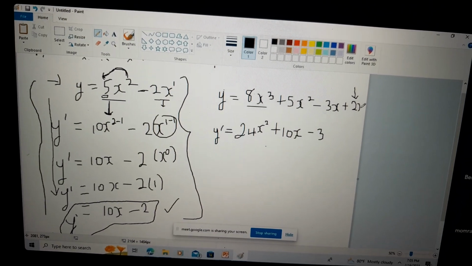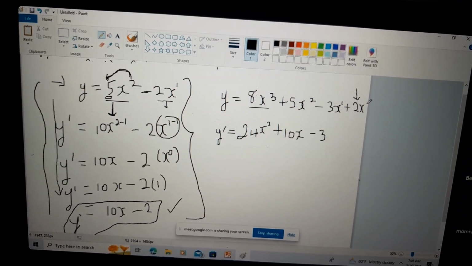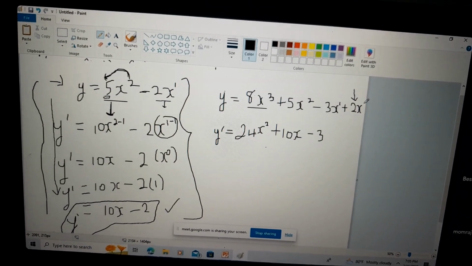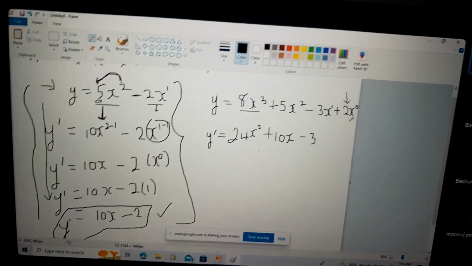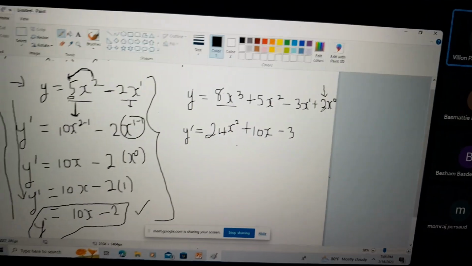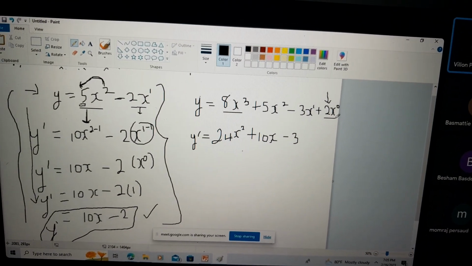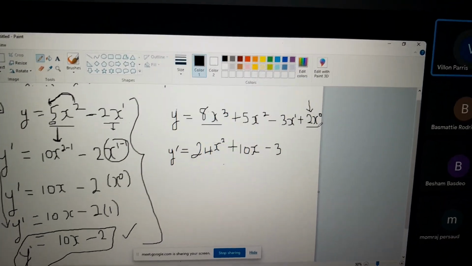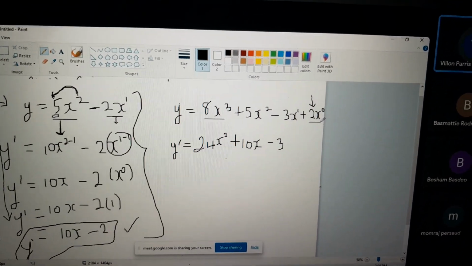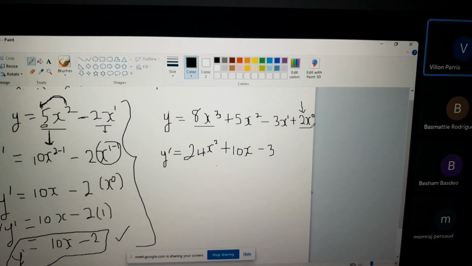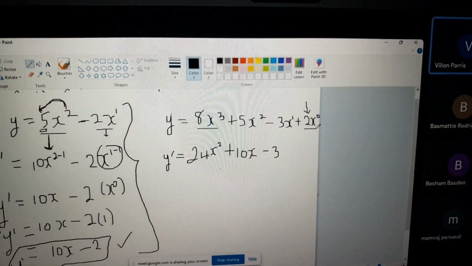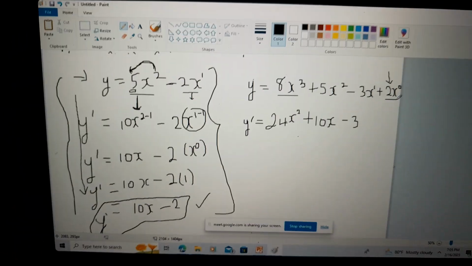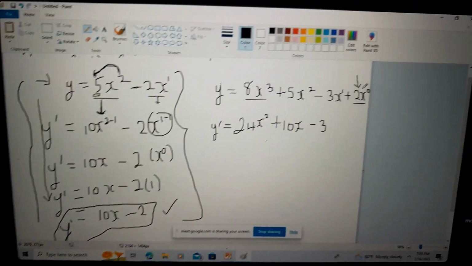So I'll show you. So this is x to the first power here, and look at how we're going, 3, 2, 1, x to the 0 power. Are you following? Will this change the value of this term if I put x to the 0 power? No, sir. Because x to the 0 power is 1, so this will be still 2 times 1, which is still 2. Everyone agrees with that? Yes, sir. Good.